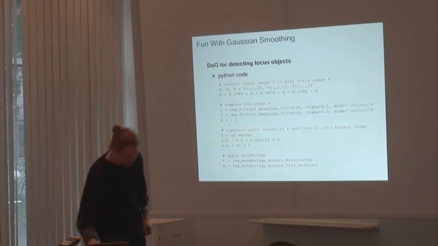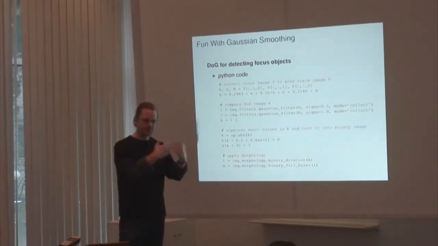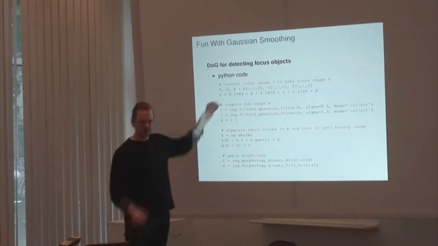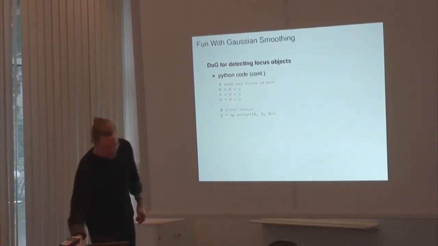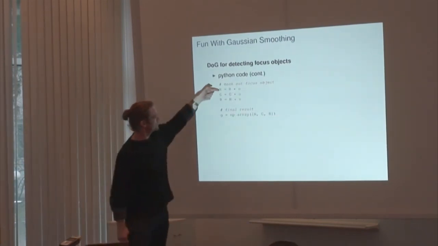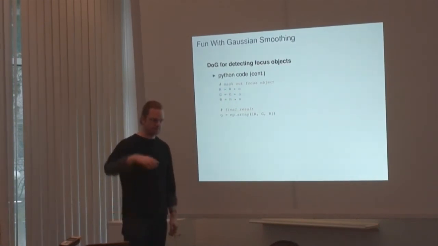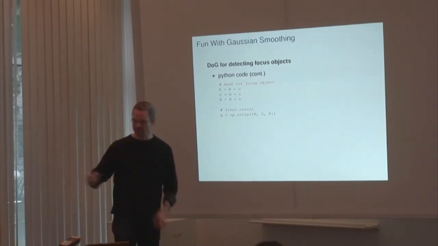We have this binary image M, which contains a 1 if the input image is sharp at this pixel and a 0 elsewhere. And so therefore, we multiply the red channel with this mask. It will be lots of zeros, but some of the pixels will be multiplied by 1. They will survive that.